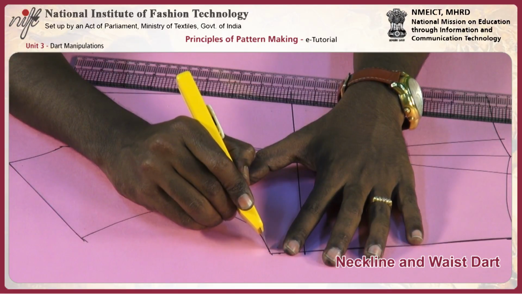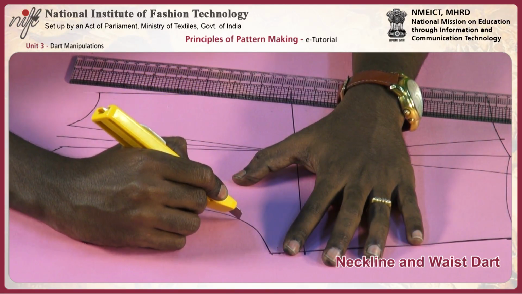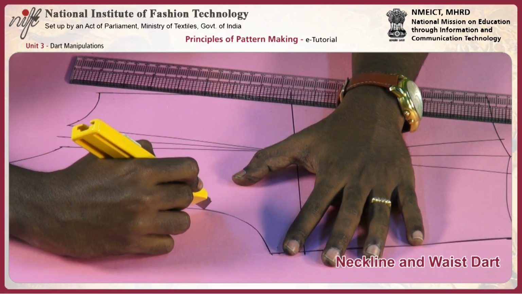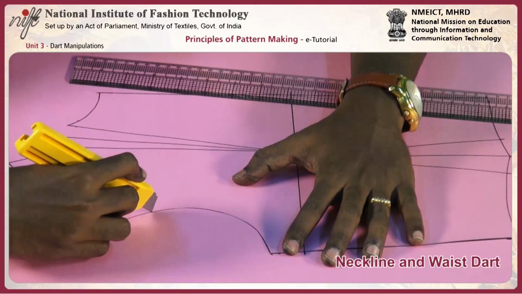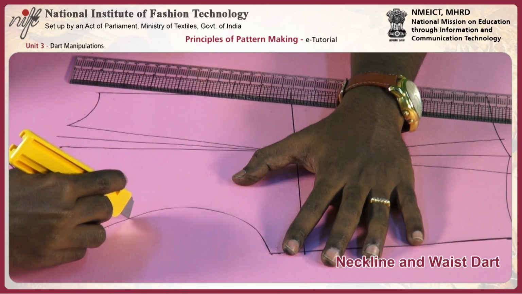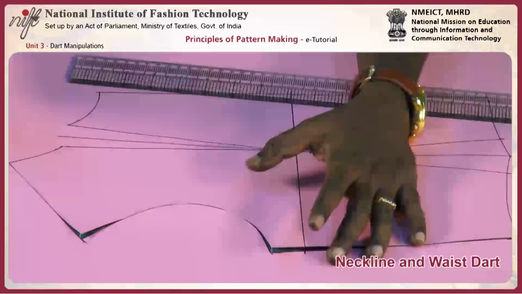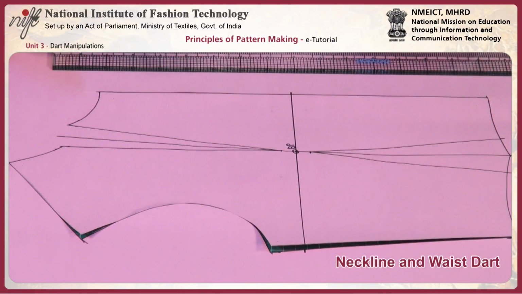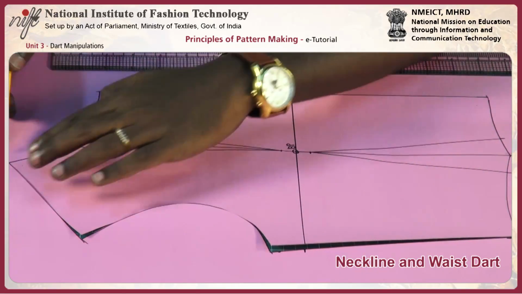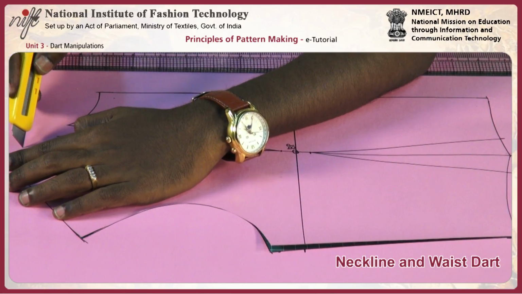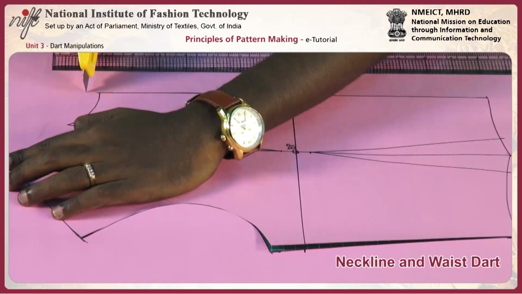Cut the armhole. We have a dart at the neckline and waist, so leave half an inch to 1 inch extra for the truing purpose.